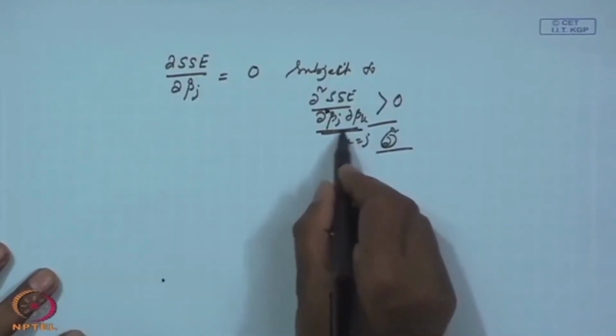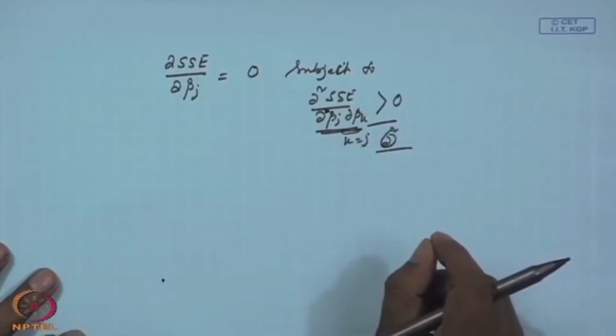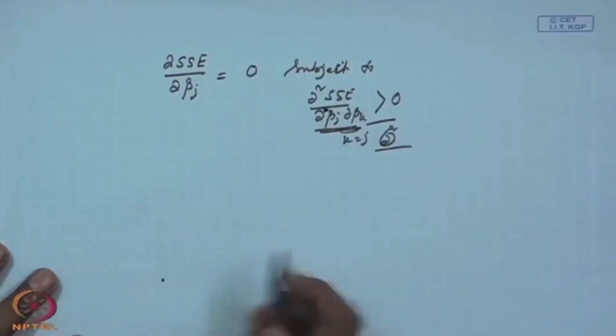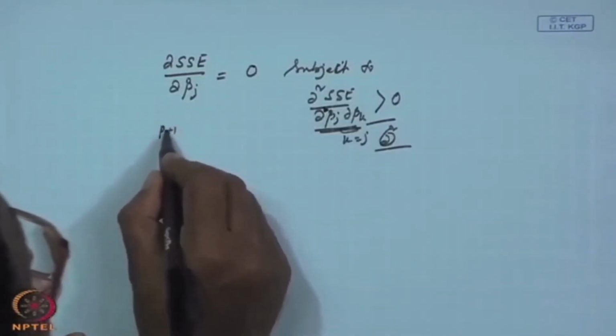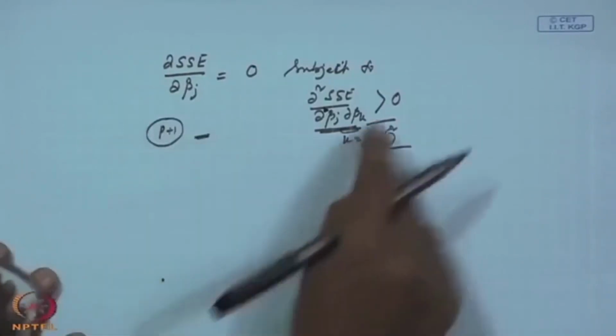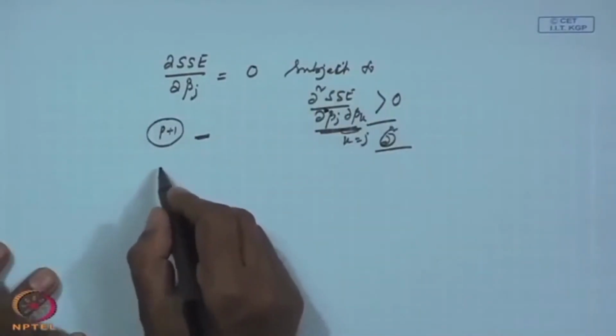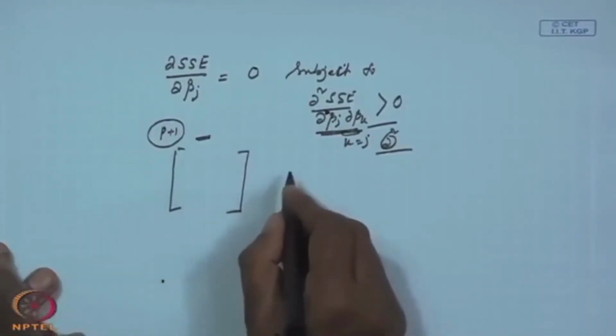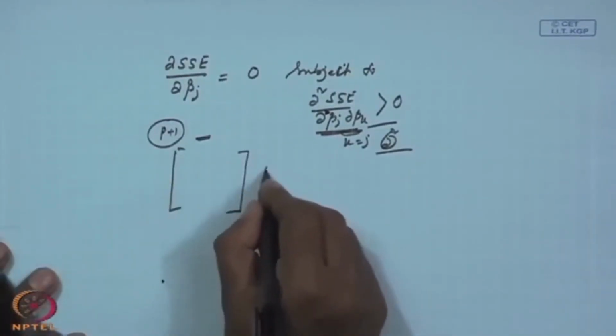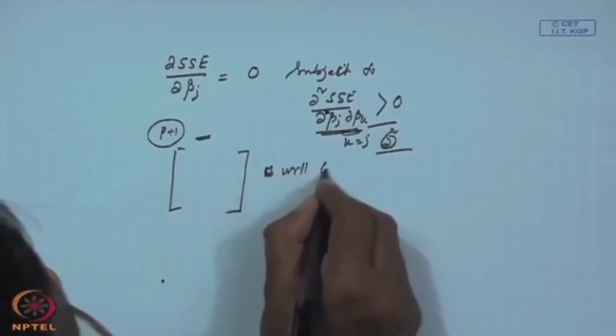It is the general form we have written. Then basically it is the Hessian matrix. As there are p plus 1 estimates you are making, you will get a matrix, the Hessian matrix, and that matrix will be positive definite.